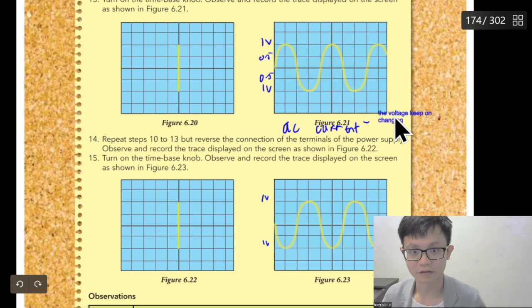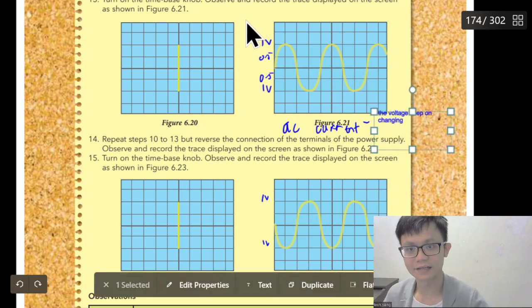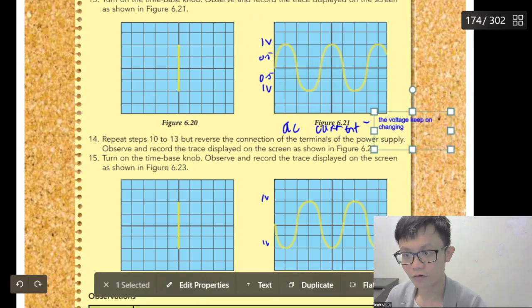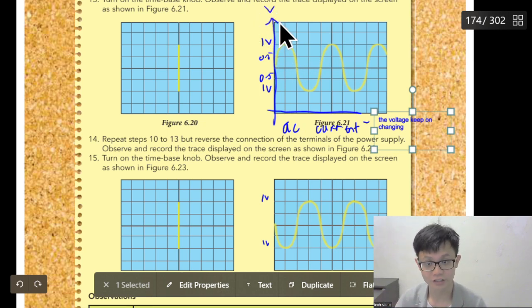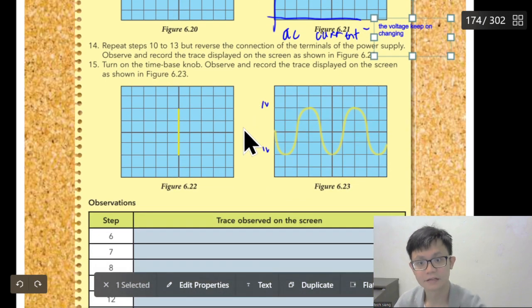So if you study maths, since here is V, we know that here got an arrow like that. This one is V. Since the voltage keeps on changing, therefore it shows alternating current. This one also is AC.